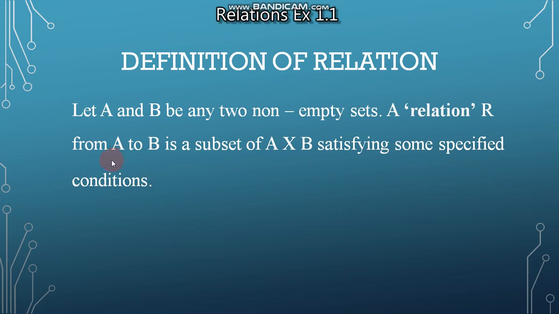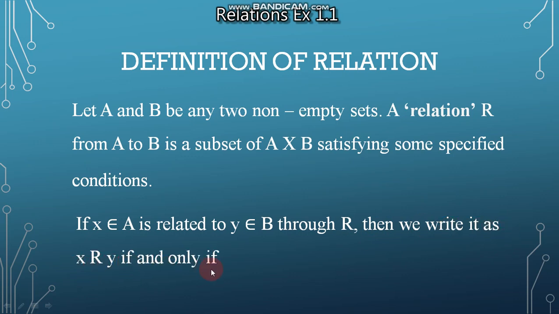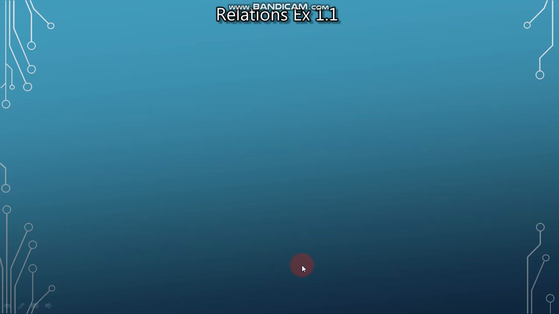So a relation is nothing but a subset of the Cartesian product. So a relation is smaller compared to the Cartesian product, because a relation is a subset of the Cartesian product. If x belongs to A is related to y belongs to B through R, then we write it as x related to y if and only if (x, y) belongs to R.